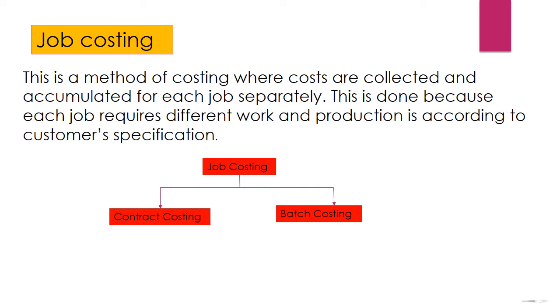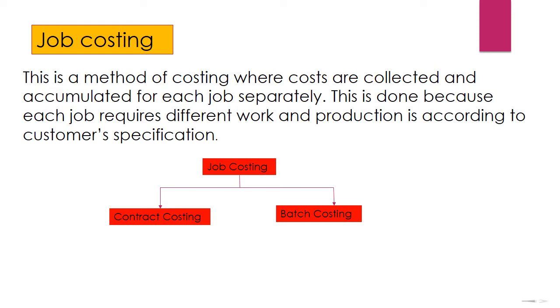For example, in printing press, some may come for printing the textbook, some may come for printing notices, some may come for printing invitations, like that. So each job is unique. So the cost for each job will be taken. Only the cost incurred for that will be taken. That is the job costing.